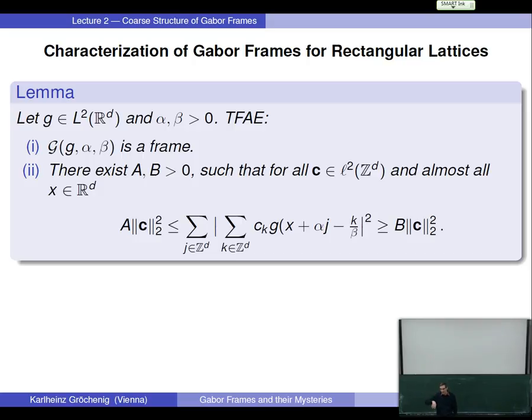And under the same conditions, the corresponding series expansion with these discrete coefficients, say in l^p, is equivalent to the corresponding modulation space norm. And these two conditions are equivalent, yes, because if you have a frame with suitable window, then you automatically have all the norm equivalences for other function spaces.